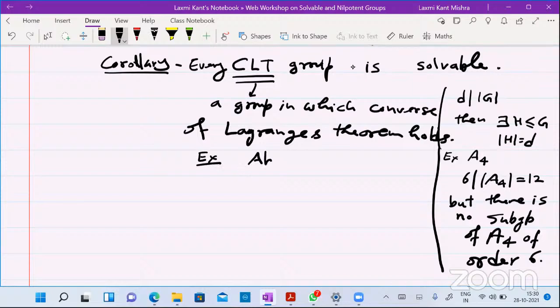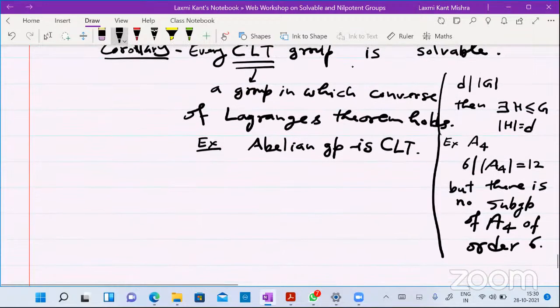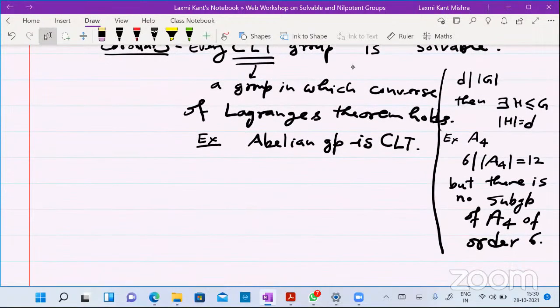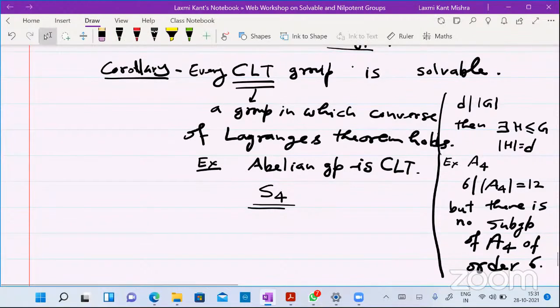Every abelian group is CLT, that means in abelian groups the converse of Lagrange theorem holds. And S4 is also CLT: for every divisor of the order of S4, there is a subgroup of S4. So this is CLT, and CLT groups are solvable.